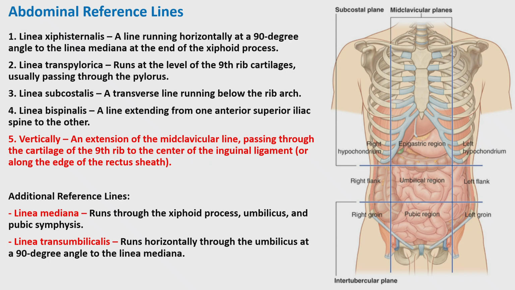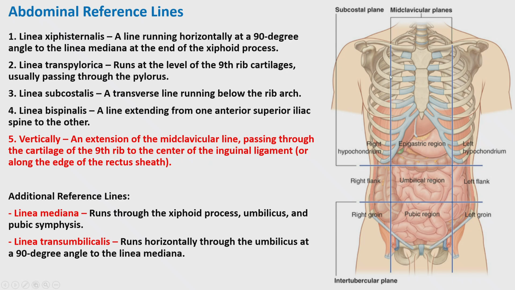Here you can see the subcostal line passing here, and here the interspinal line. And in addition, you also have vertical lines. The vertical line is an extension of the midclavicular line that we studied in the thorax.